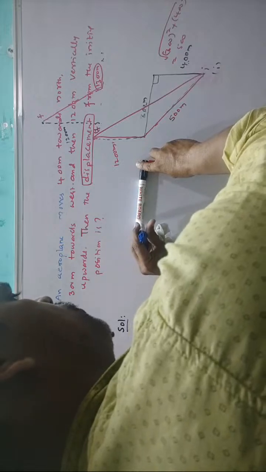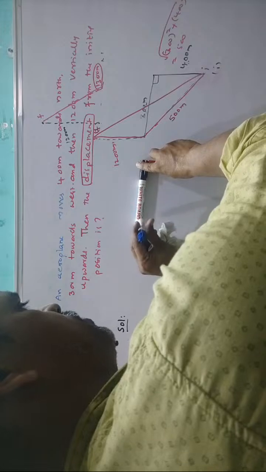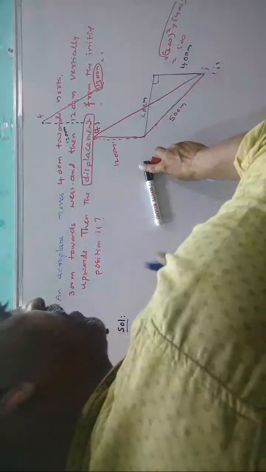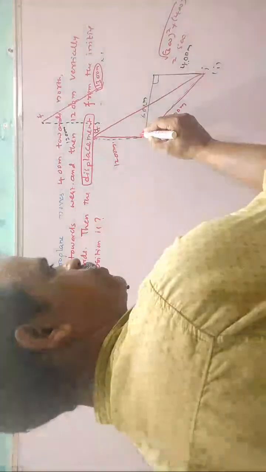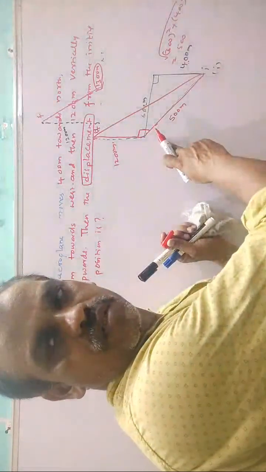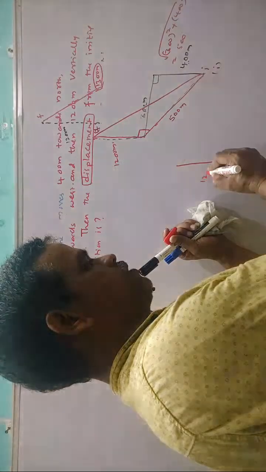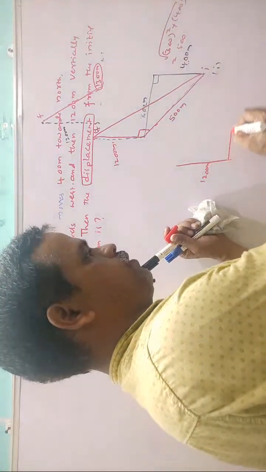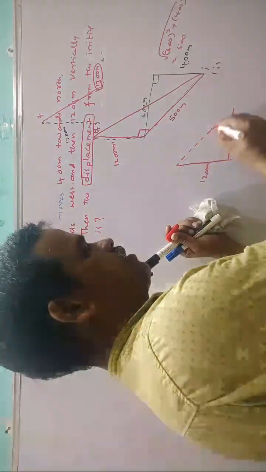So here, this is a right angle triangle, it goes up. This will become also one right angle triangle. So here also a right angle will be there. I am showing in two dimensions. In three dimensions it will become like this. 1200 meter, then 500 meter, then we have to calculate this one.